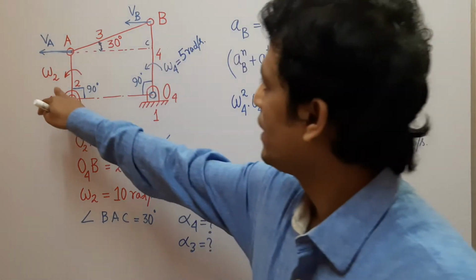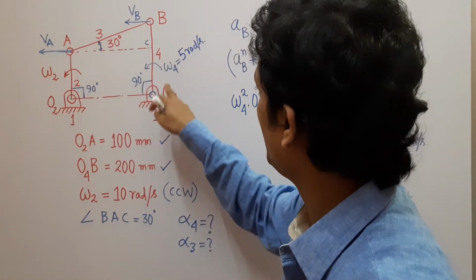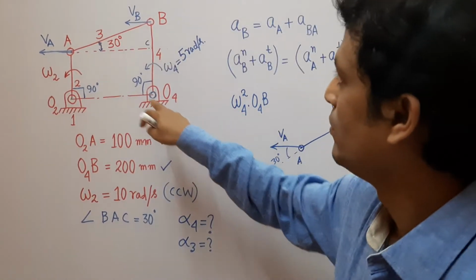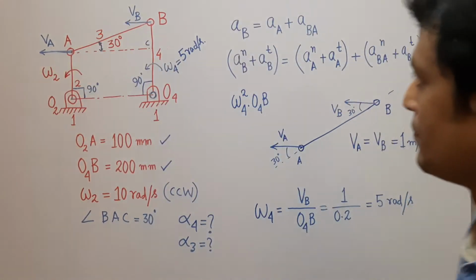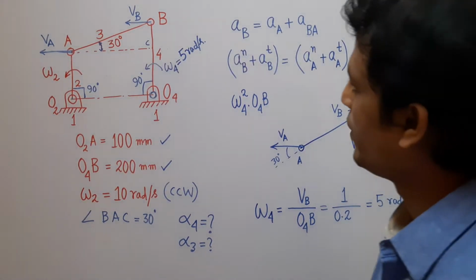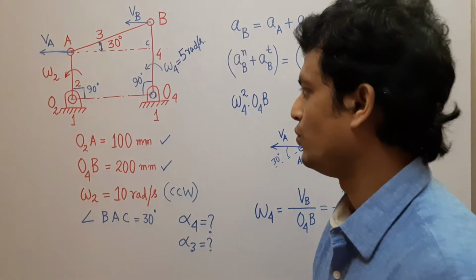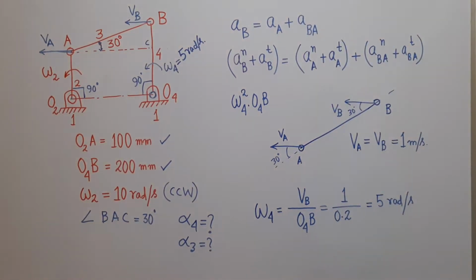Actually, omega 2 into O2A is equal to omega 4 into O4B, because VA and VB are same. So, omega 4 is nothing but half of omega 2, as this length O4B is double of O2A. So, omega 4 becomes 5 radian per second.